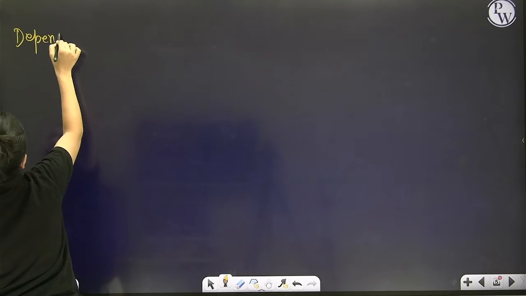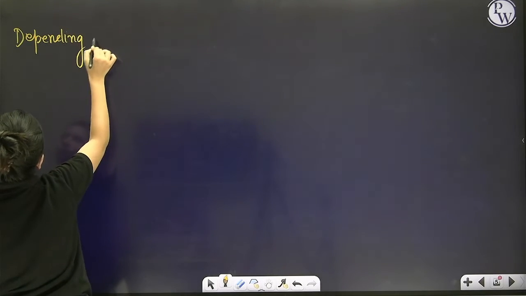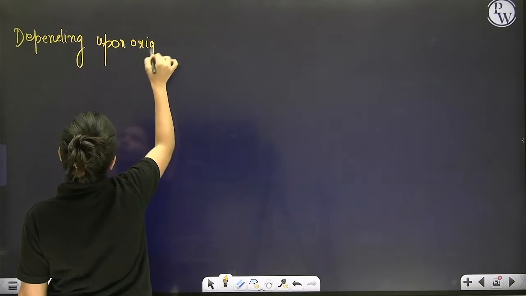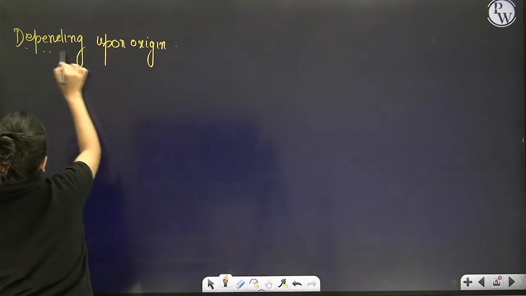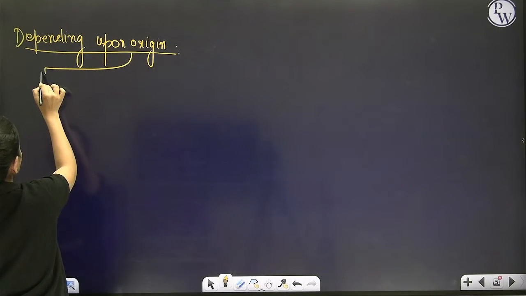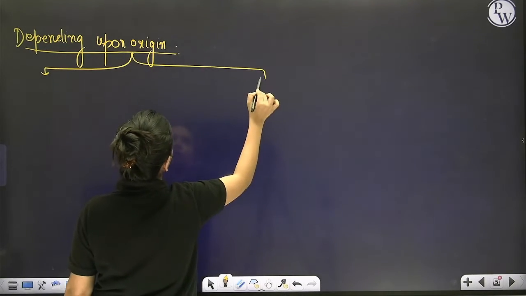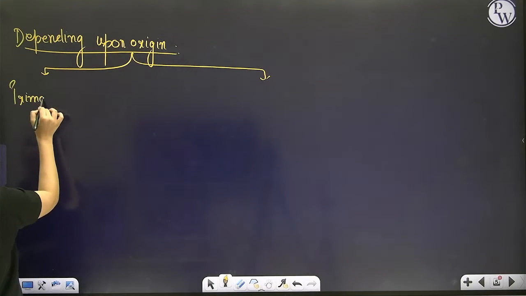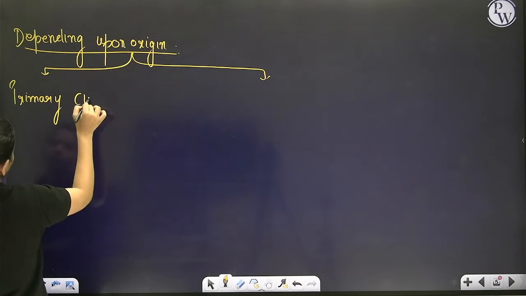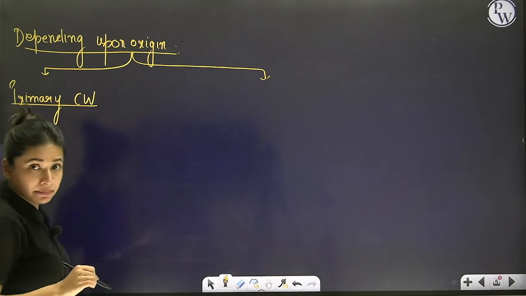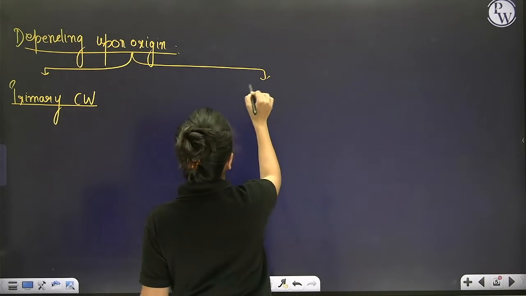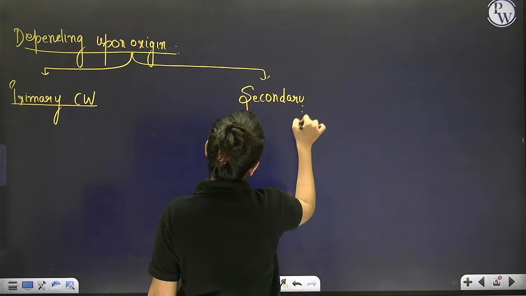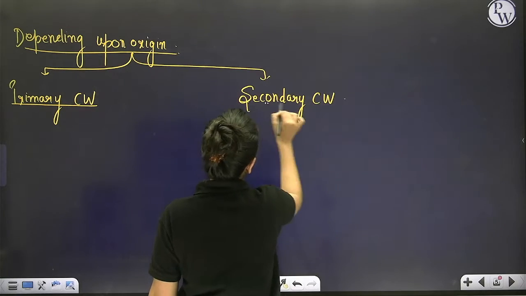Yes, depending upon the origin of the cell wall, beta, we have two types. Number one is the primary cell wall and second is the secondary cell wall, right?